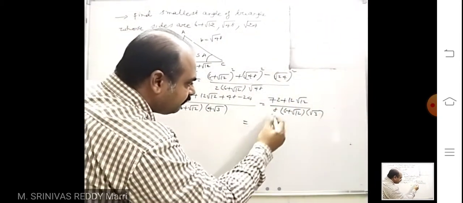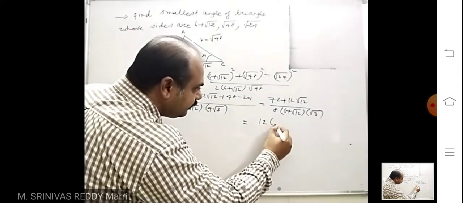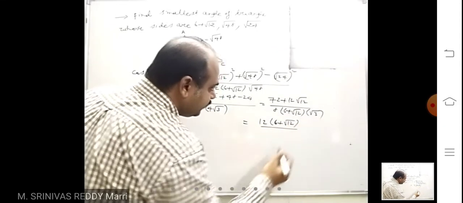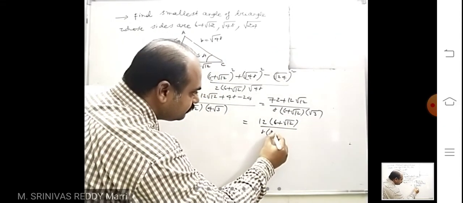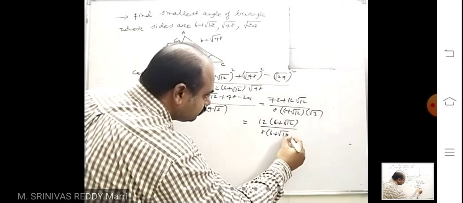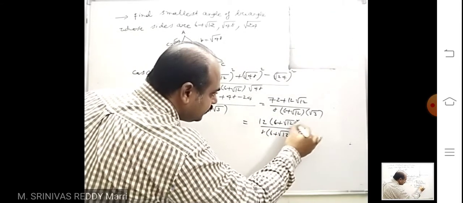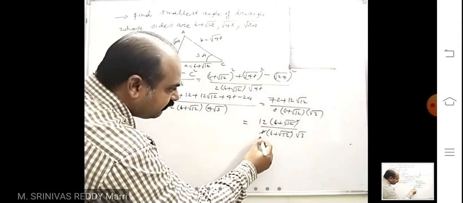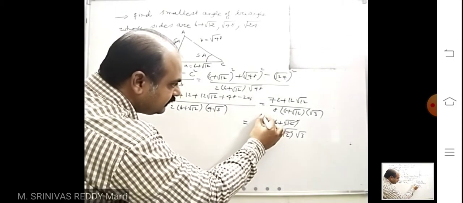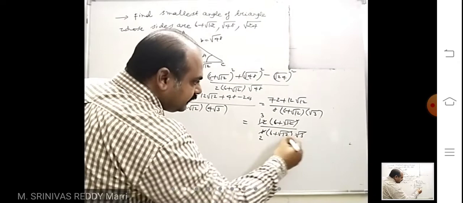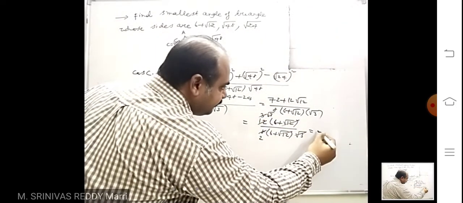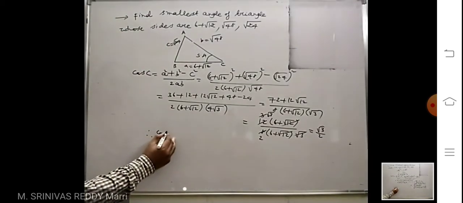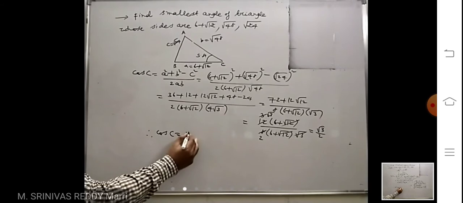Now take 12 common: 12 into 6 plus root 12 divided by 8 into root 3. Therefore this will get cancelled, and the balance remaining is root 3 by 2. Therefore cos C is nothing but root 3 by 2.